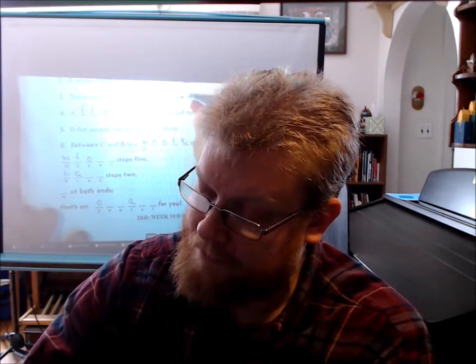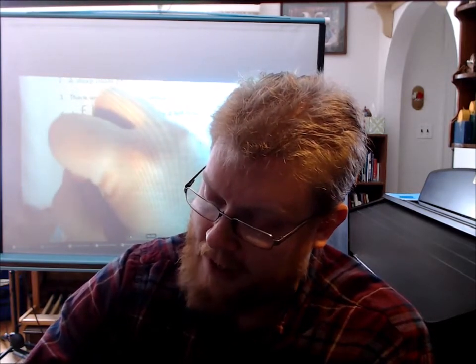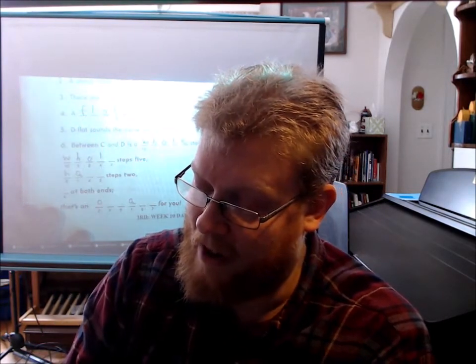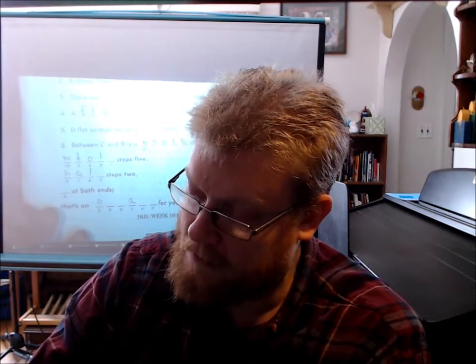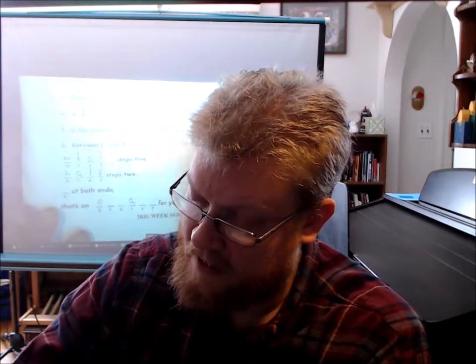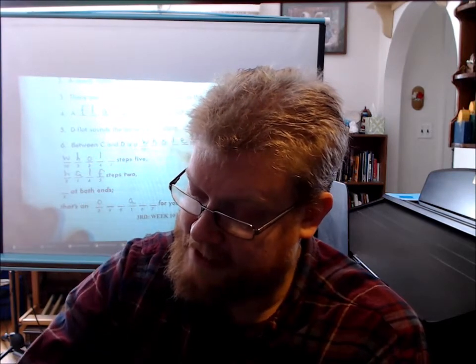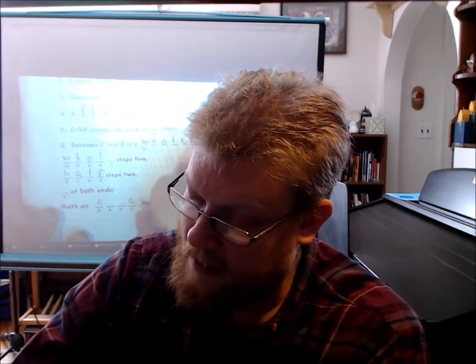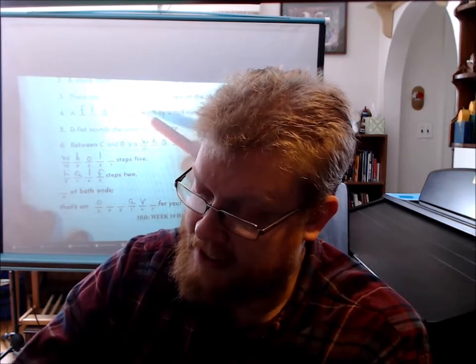Right, 4s are all L's. And yeah, I stuck with lowercase, but I know L might look like I to some of you, so just do the best you can. Number 5, F's. There's not many of them. 6s are V's. Okay. 7 is E's.